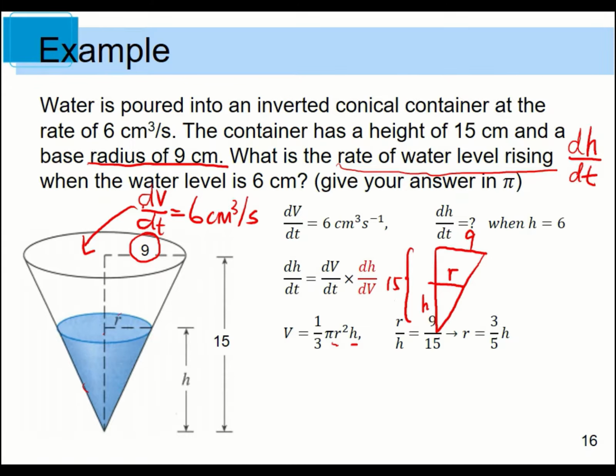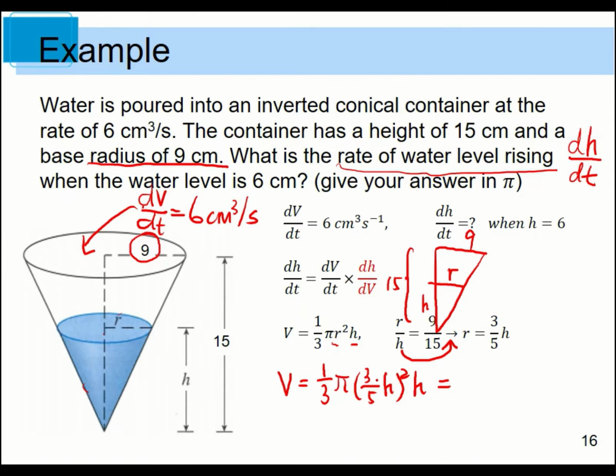From here, we can replace the R with H. We bring the H over to the right-hand side, and we have R equals 3/5 H. Now, substitute this into the equation: the volume will be 1/3 π (3/5 h)² h.